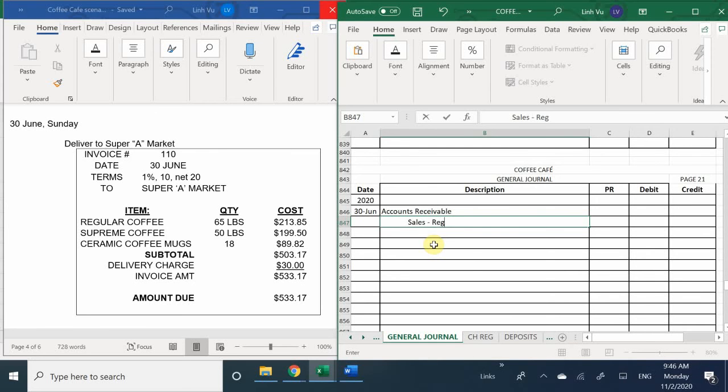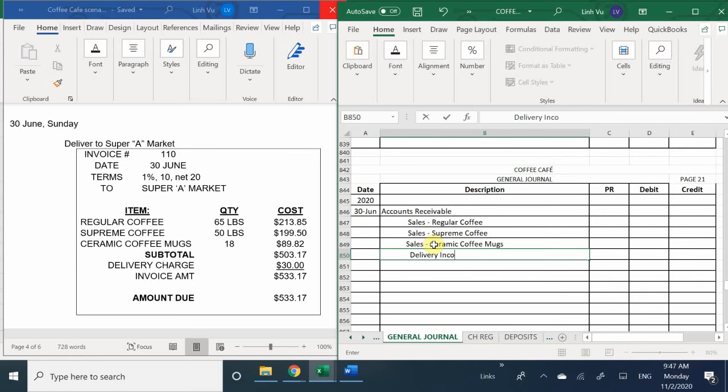I'm just writing it down. Sales, Supreme coffee, and then sales, coffee mugs. And then we also credit delivery income.